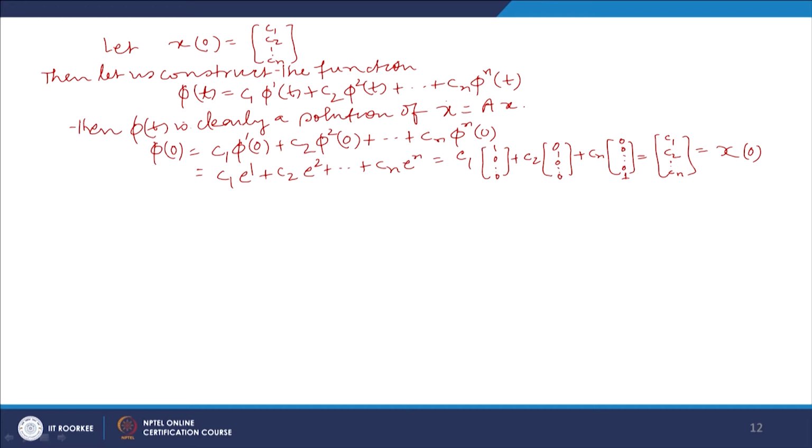Therefore, phi t must be the same as x t. So, by the existence uniqueness theorem, x t and phi t must be identical.